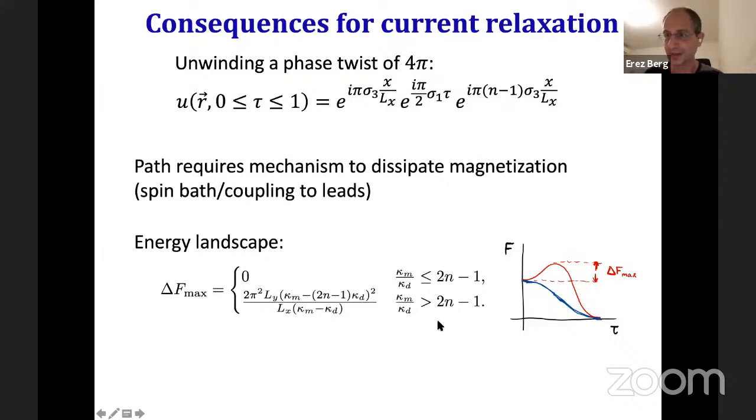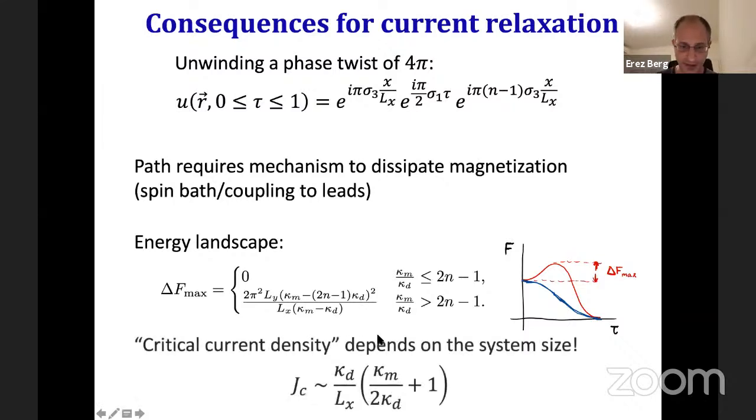It's a trial path. This is basically a variational argument. But what you get is basically there's a critical current density beyond which this energy barrier goes to 0. So beyond a certain current, there would be no energy barrier at all. You can just smoothly roll down this hill and unwind 4 pi worth of phase twist.